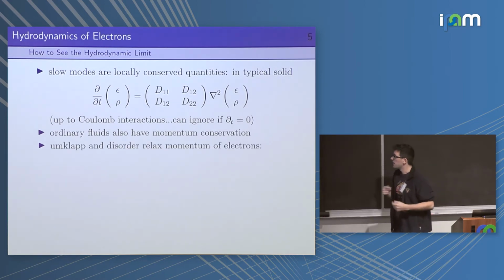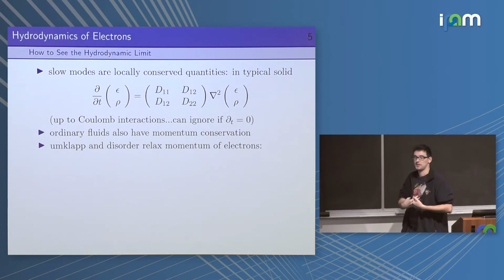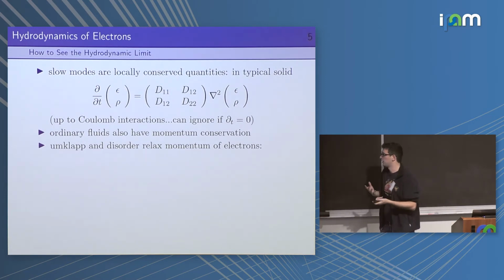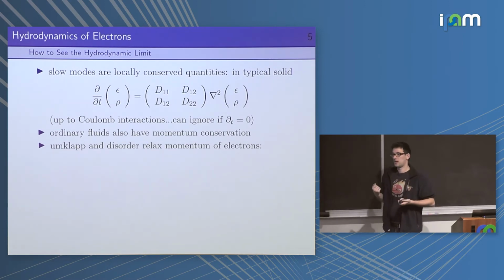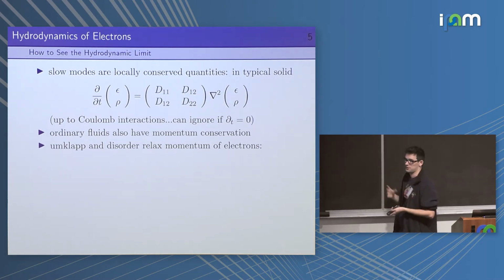Okay? They'll never have an exactly conserved momentum because a metal always has a microscopic lattice that has broken translational invariance, and also we can have a lot of disorder, and that's in some sense an even more severe effect. Both disorder and essentially Umklapp processes off of the lattice will break momentum conservation, and this is why we get this very different hydrodynamics in an ordinary metal.